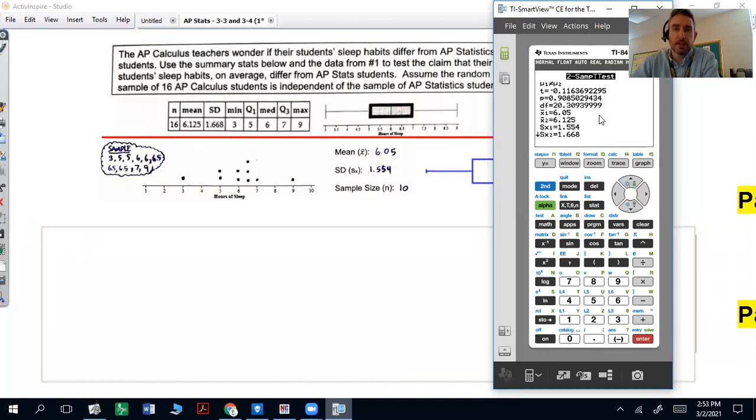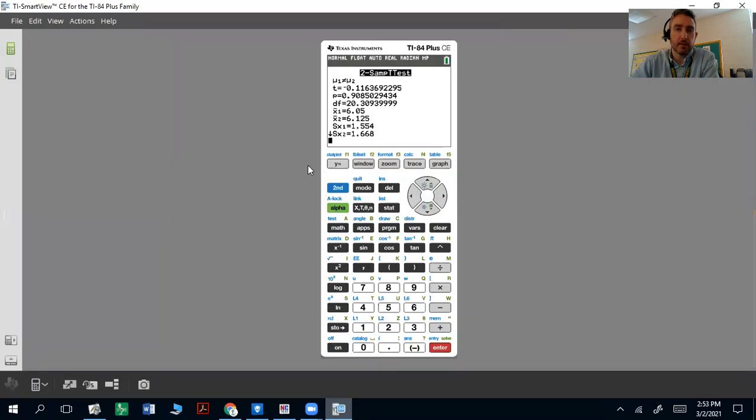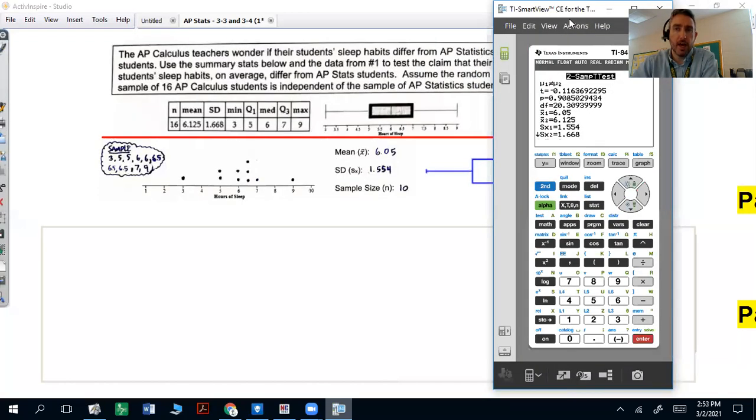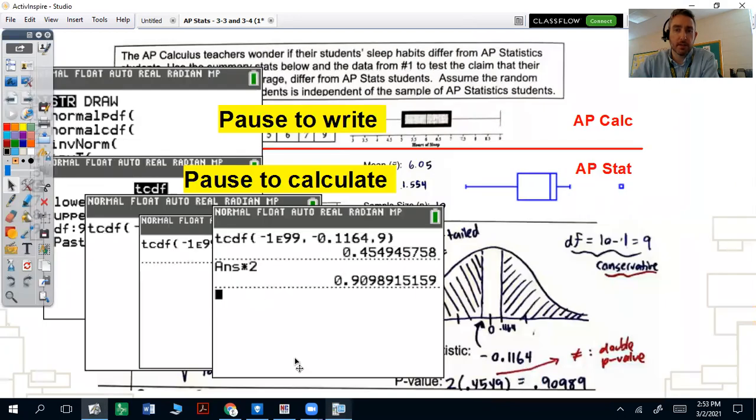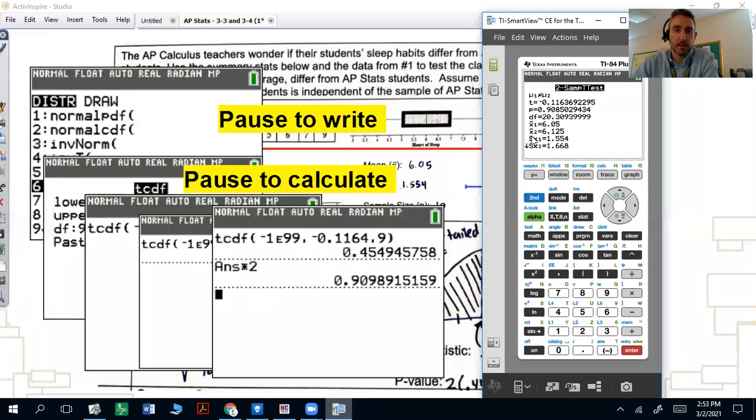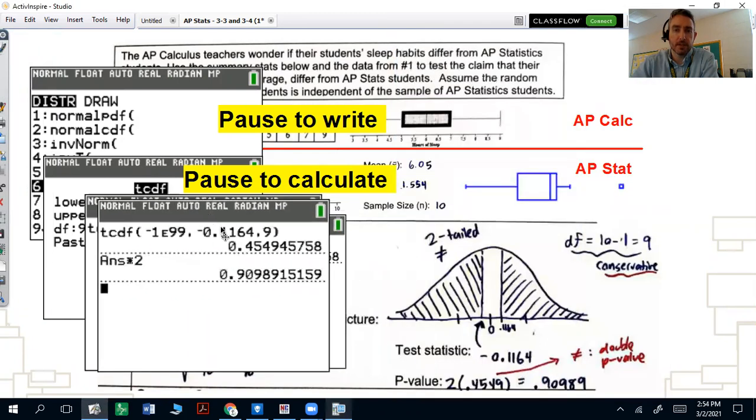Now, I want you to pause for a second. Make sure you have the same numbers that are on my screen, and look at what might be different. In fact, I'll keep this here and I'll go back to the previous screen so you can see. Do you notice any differences?